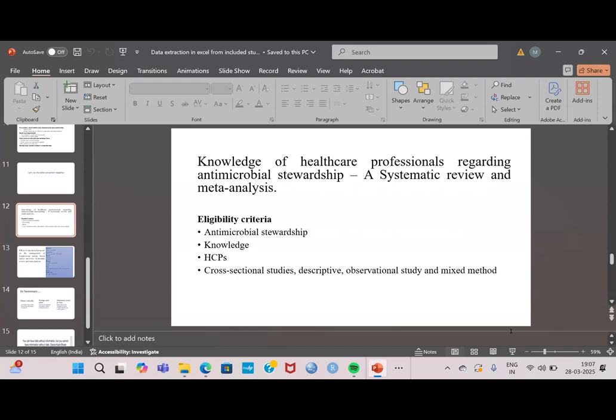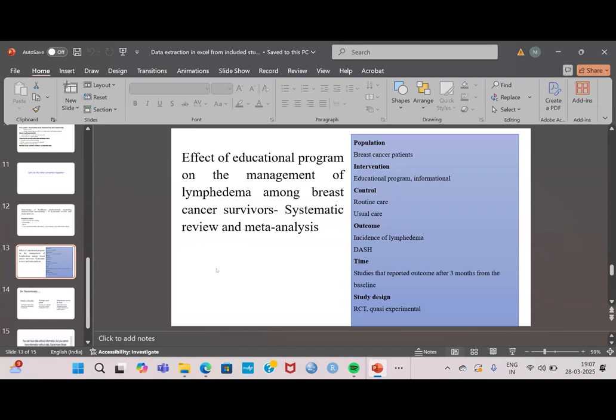Now we are working on the second statement, that is the effect of an education program on the management of lymphedema among breast cancer survivors. So this statement is not telling us anything about knowledge, and this is a different type of study we are now taking. Clear? I hope I have made it clear to the participants.